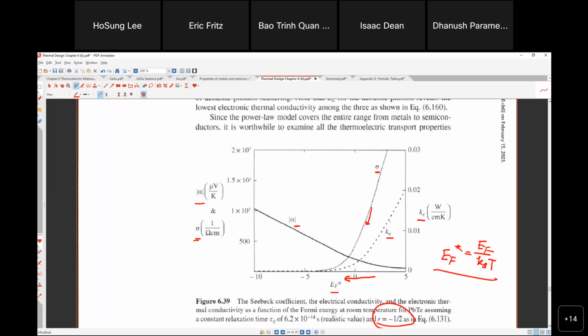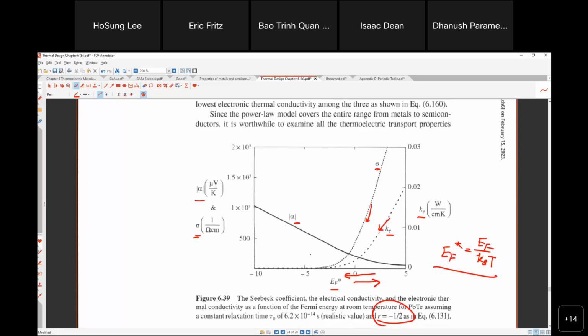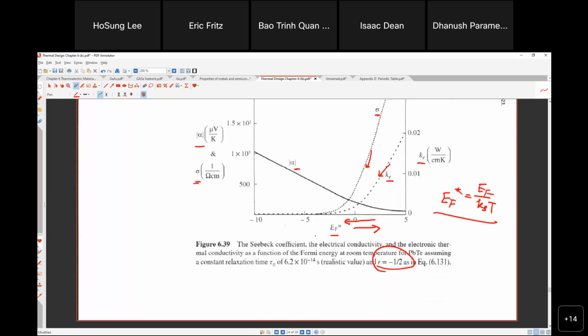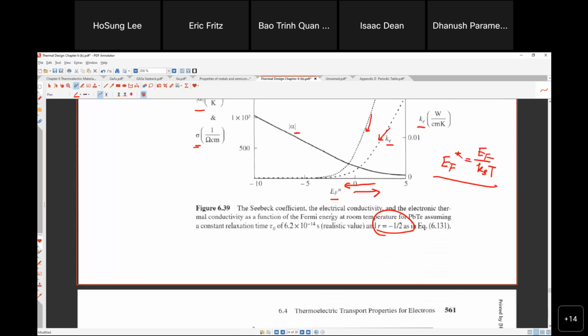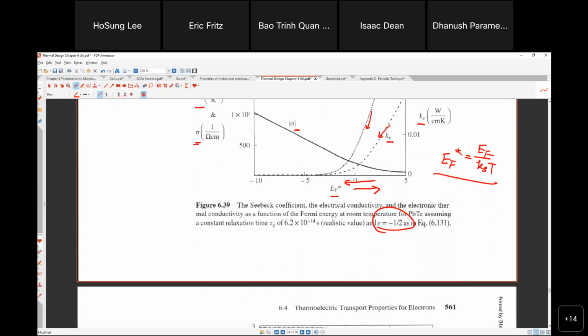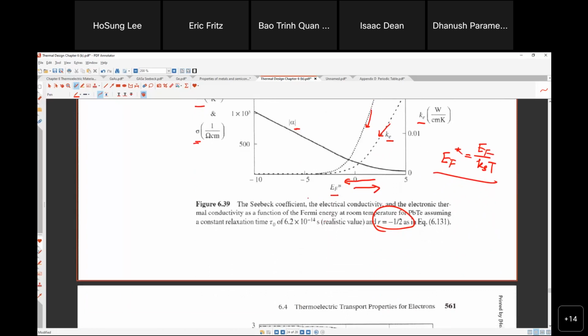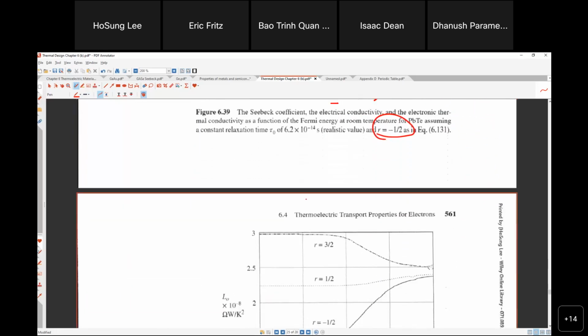And the electronic thermal conductivity decreases or increases, vice versa. This is the nature of it, and that's one of the difficulties. We cannot just increase everything. One is increasing, the other is decreasing, so we have a limitation.